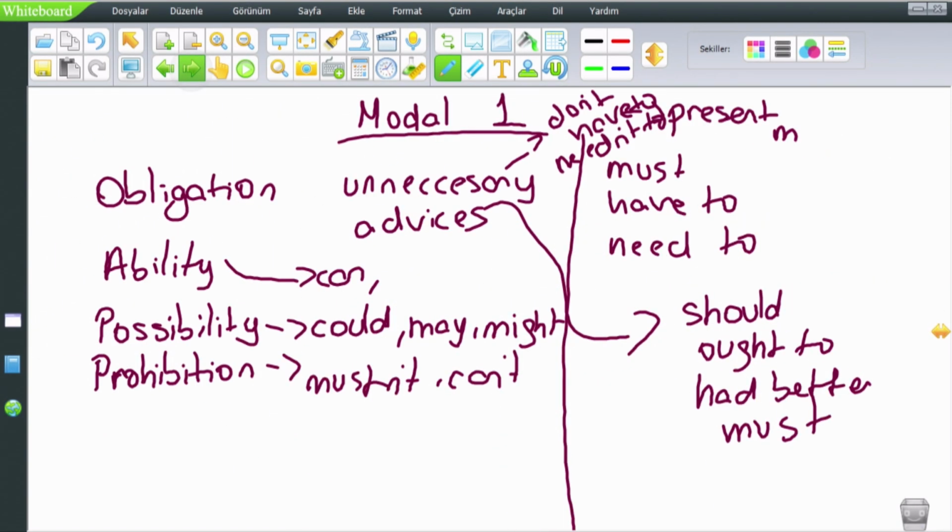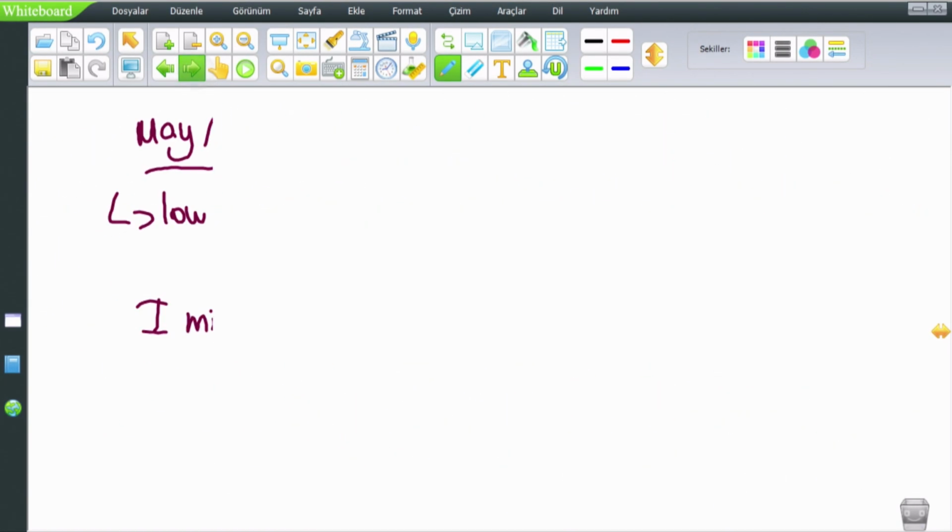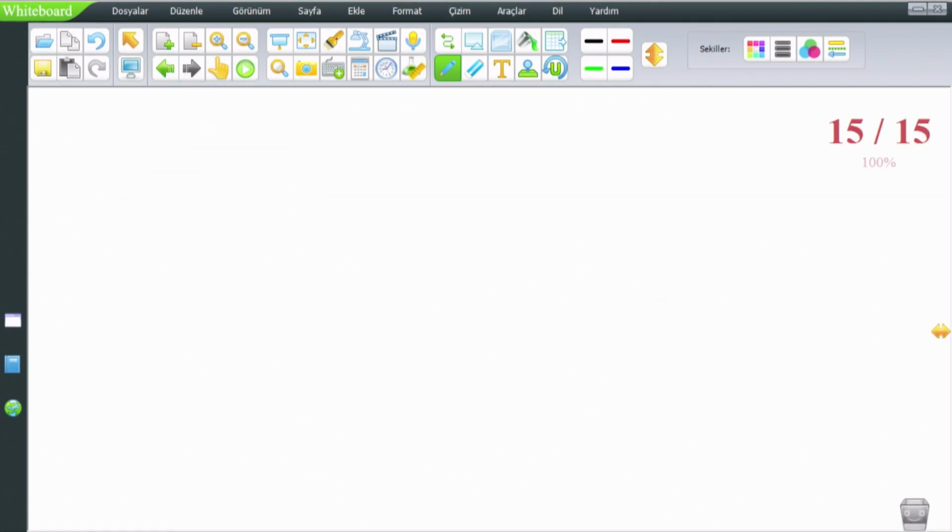By the way, speaking of which, let's do a quick review of our irregular verbs, and then we will continue with our review.